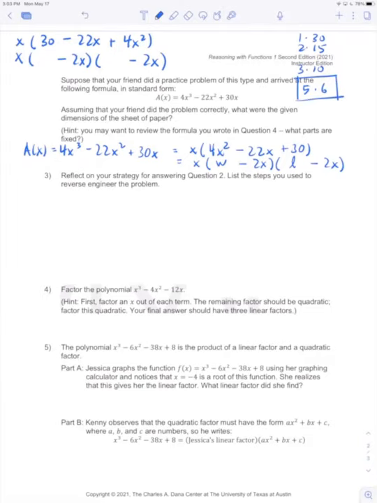So the width we're going to call 5, and 6 is the length. We can say that the width is 5 units wide, and the length is 6 units long.